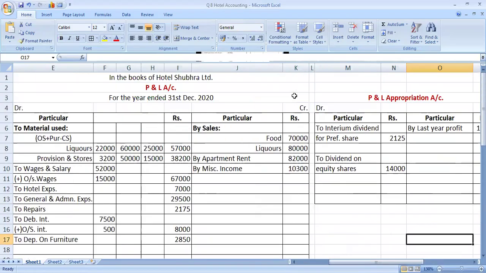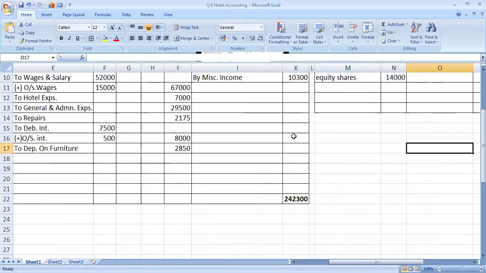Total of profit and loss account credit side is more than debit side, that is 2,42,300.